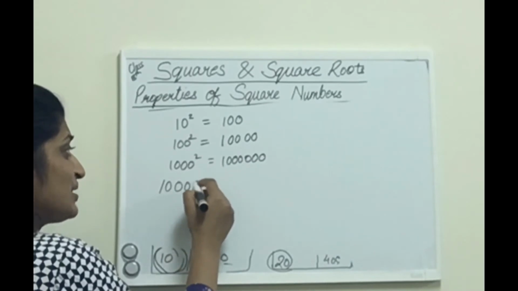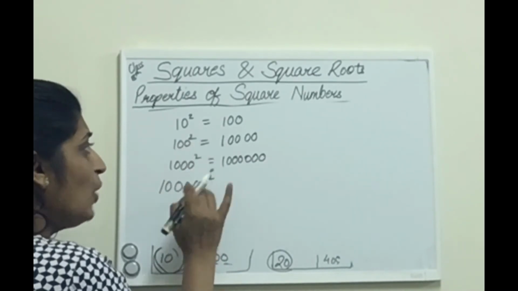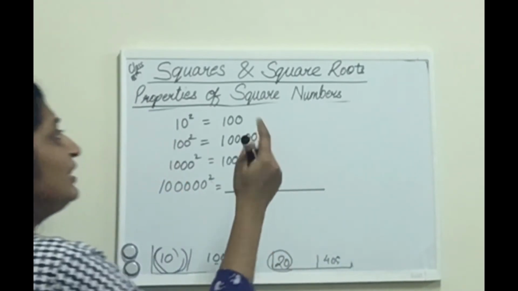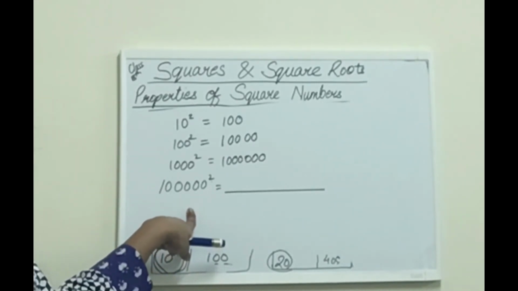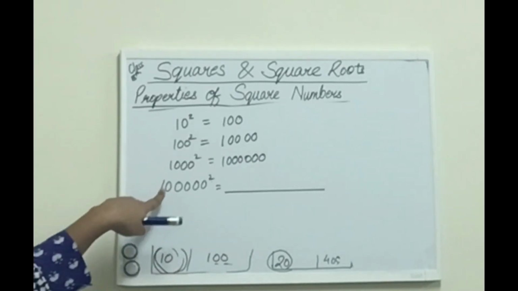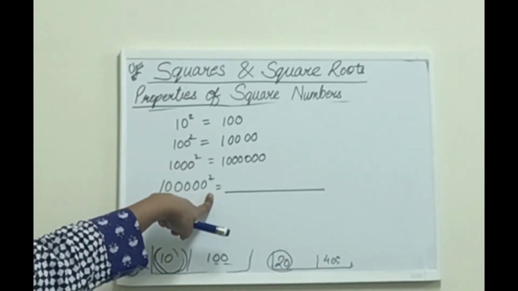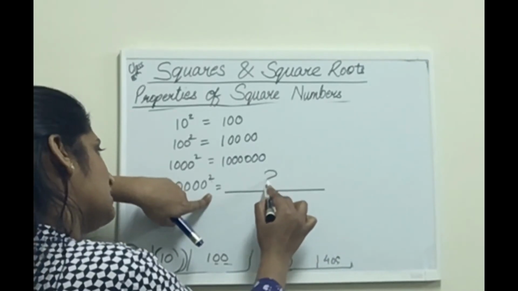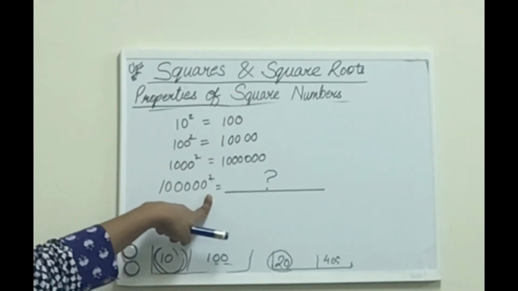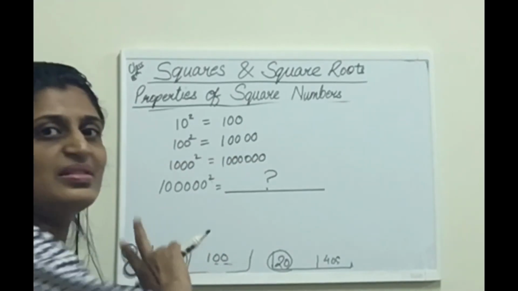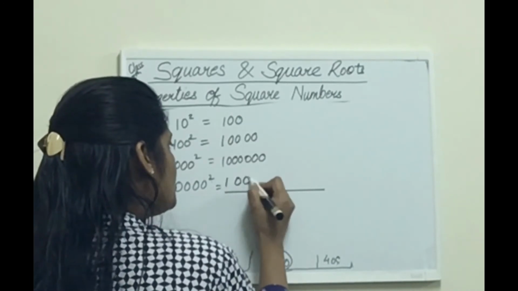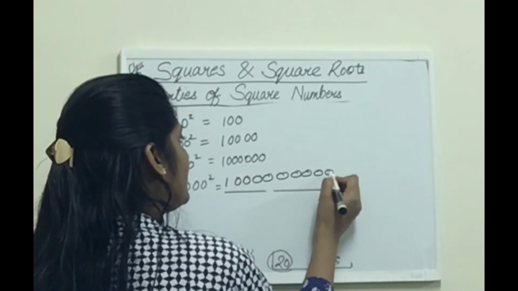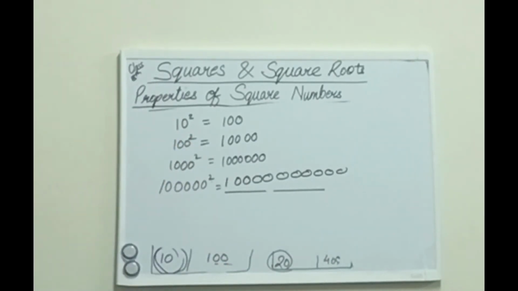Without solving, you are smart enough to say how many zeros will be there in the square of a number which has 5 zeros in it. So if there are 5 zeros, how many zeros do you think its square has? Now that's the question to you. And yes, you are correct. Just double. So if there are 5 zeros, then 1, 2, 3, 4, 5, 6, 7, 8, 9, 10. Simply, without any hesitation, you can write.